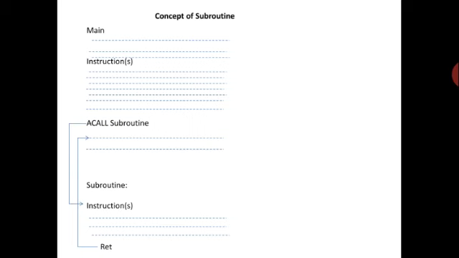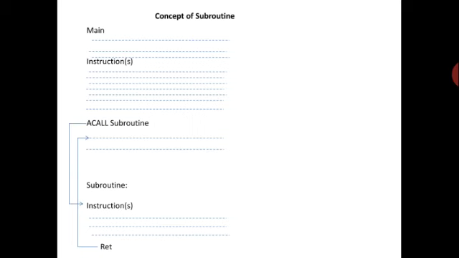Here is the main code, which is a set of instructions. Whenever a call instruction is encountered, the program control is transferred to the subroutine and you execute the instructions in the subroutine. Once a return instruction is encountered in the subroutine, it goes back to the main code.